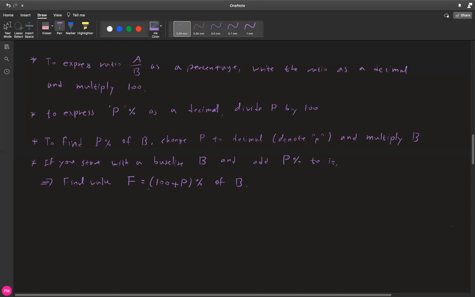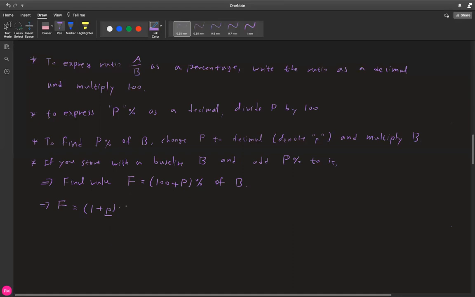And if you change all these into decimal again, this is exactly the same as saying that the final value is given as, with the percentage in decimal, 1 plus the smaller p. Let me denote the smaller p with a little underscore, just so you can tell the difference between the big P and the smaller p.